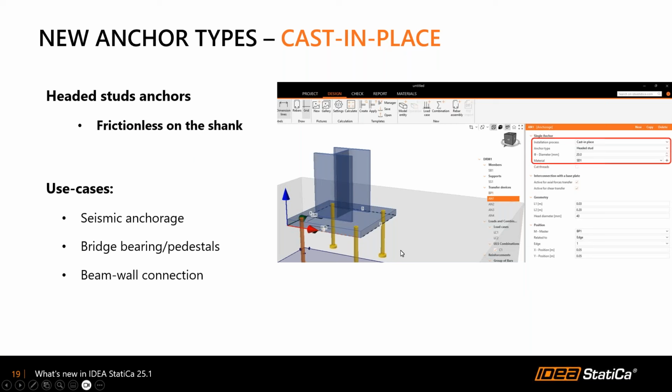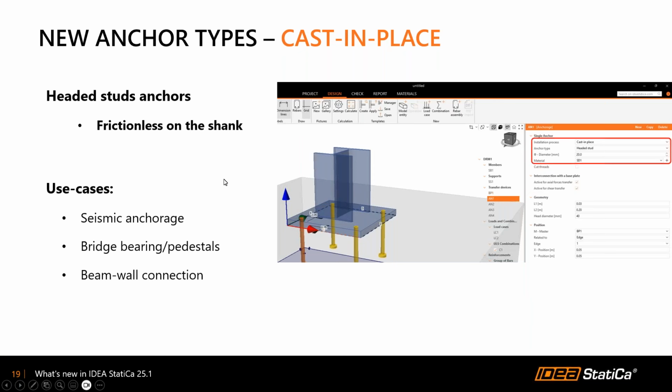So I mean, the end has some circular plate that is also modeled as a shell, and all the forces are coming from this washer plate to the concrete. So that's specifically used for use cases such as seismic anchorage, bridge bearing pedestals, and beam to wall connections. We have also added the material library to our MPRL.